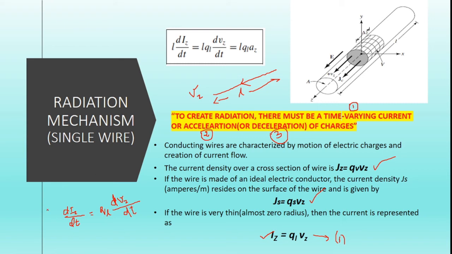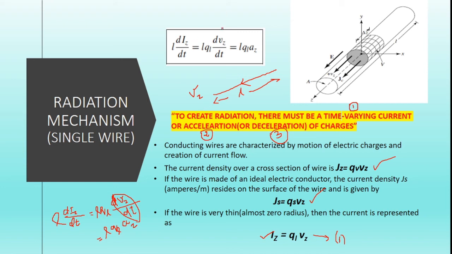Now if L is the length of the wire, we multiply both sides by L. So L into diz by dt is equal to L QL dvz by dt. And what is the variation of velocity with respect to time? That is nothing but acceleration. So we can write this as L into QL into acceleration, and the direction of propagation is the Z direction.